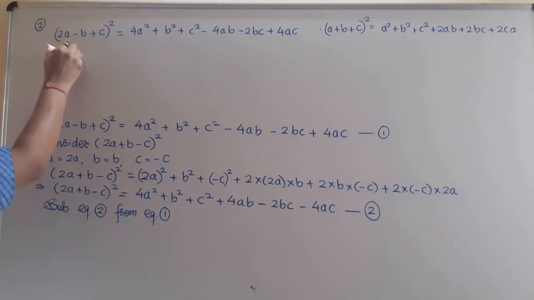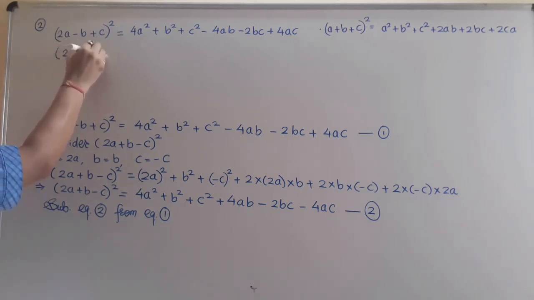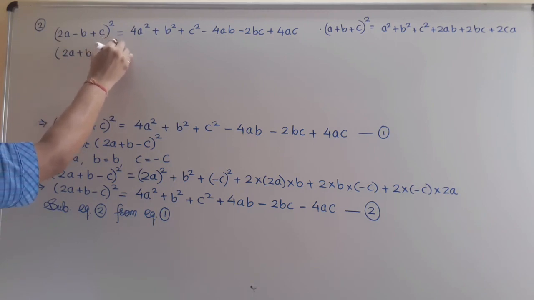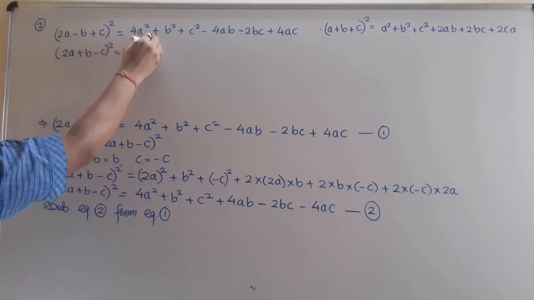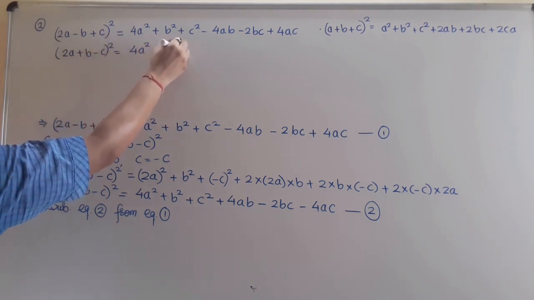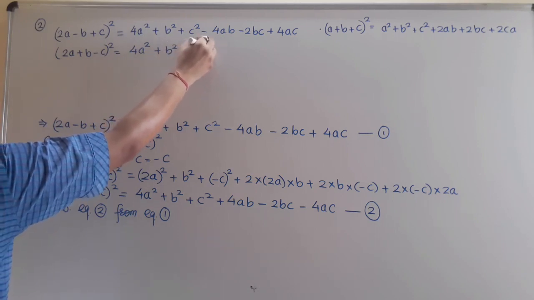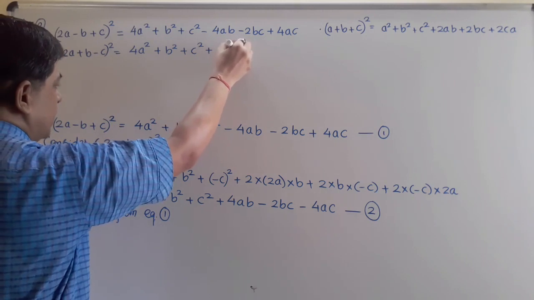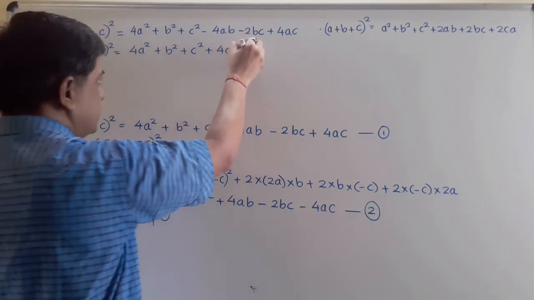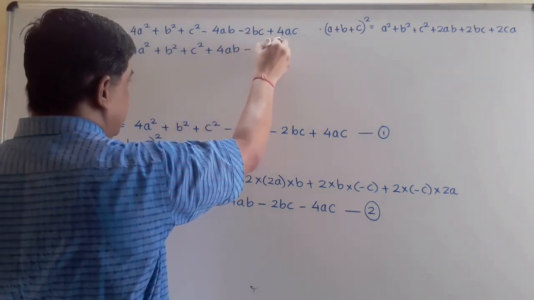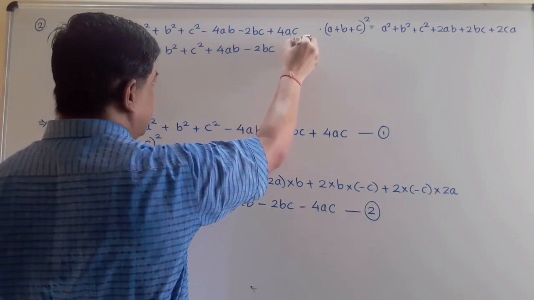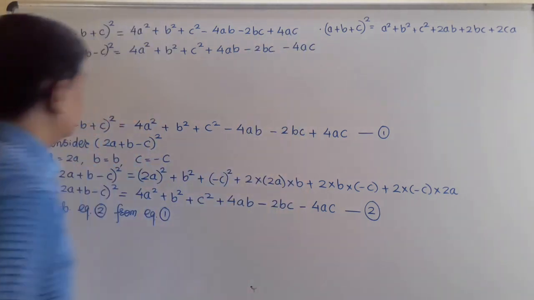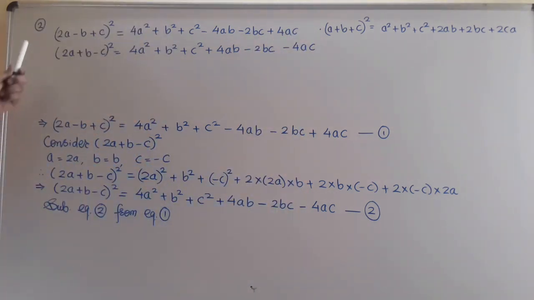So (2a plus b minus c) whole power 2 is equal to 4a square plus b square plus c square plus 4ab, minus 2bc and then minus 4ac. Now what is happening actually? This is my equation number 1 and this is my equation number 2.